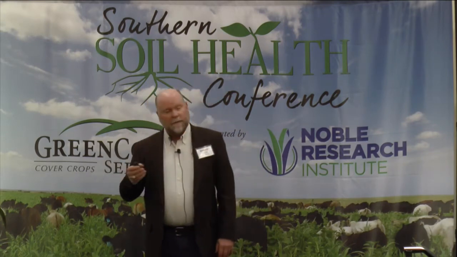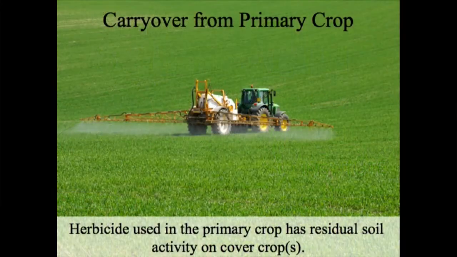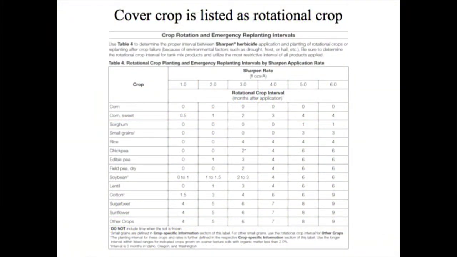So first, let's look at carryover from your primary crop. This is a herbicide that is used that has residual activity potentially on your cover crop or crops. You'll notice a theme all the way through this.